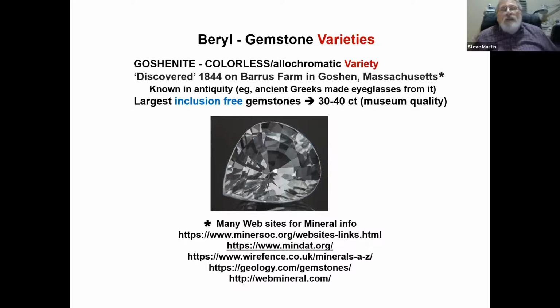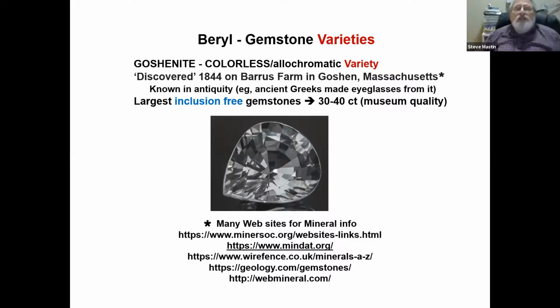But the problem is the ancient Greeks knew about it and used it to make eyeglasses because the good stuff was so transparent. And as I showed you, you can get huge beryl crystals that are colorless.